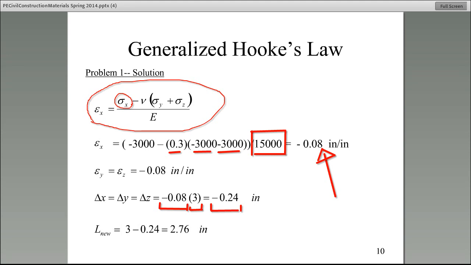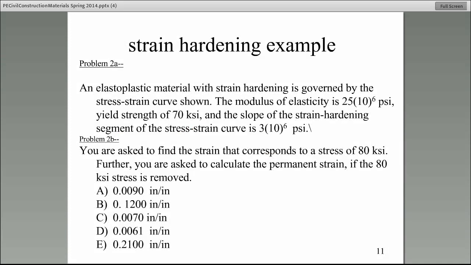This is delta L, the change in length. Since the cube is in compression, subtract it from 3, and this would be the answer, 2.76 inch. This is a very representative problem of the kind that you might see, but it also demonstrates that you really have to have a good understanding that the strain is the change in the dimension divided by the original dimension. All right, let's go to the next problem.